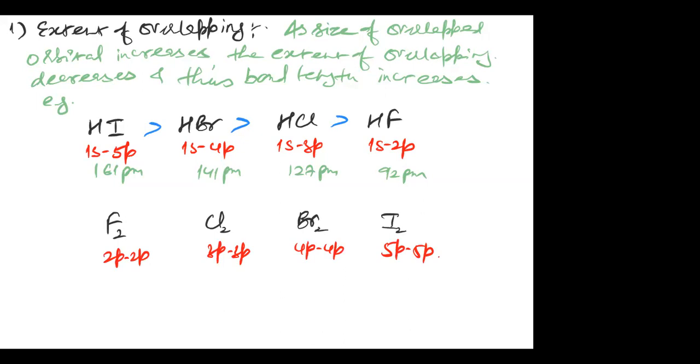In the case of fluorine F2, this bond is going to be 142 picometer. It is 199 picometer, it is 228 picometer, and it is 267 picometer. So this will be the order of their bond length.